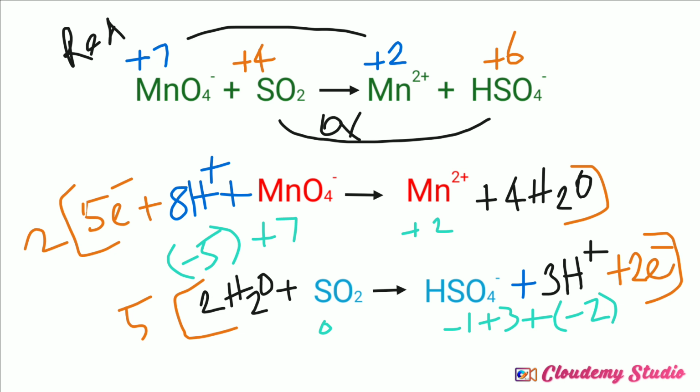So when we multiply the oxidation reaction by 5 times and the reduction reaction by 2 times, then on both sides the number of electrons will become equal. So these equations we need to multiply. That multiplication we can do on the next page.